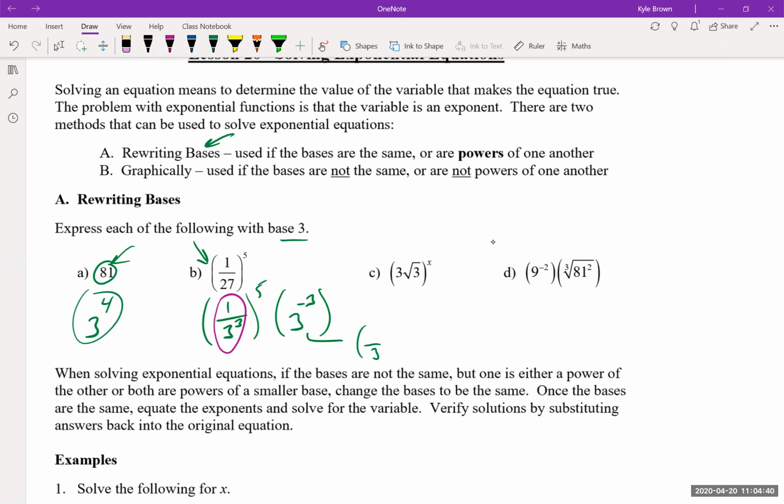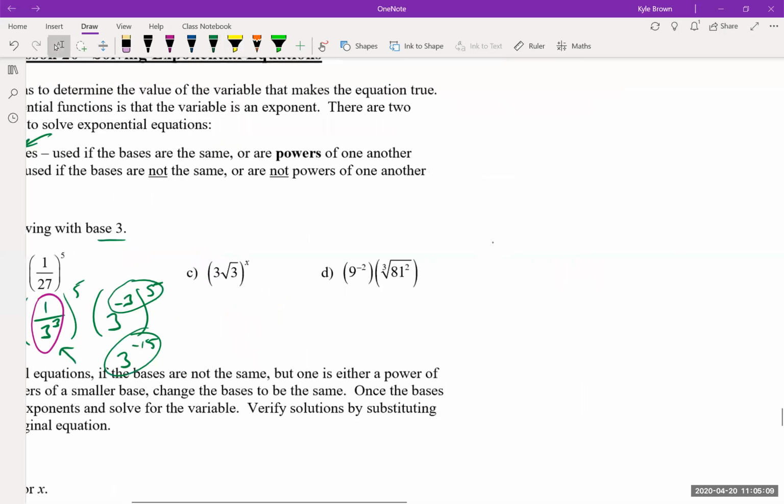So I'm going to rewrite this purple bit as 3 to the power of negative 3. And remember, that's still all to the power of 5, so I'm not quite done yet. Using our exponent law that a power to a power, we multiply, I'd rewrite this as 3 to the power of negative 3 times 5, which is negative 15. So there you go, we're rolling with that base now.